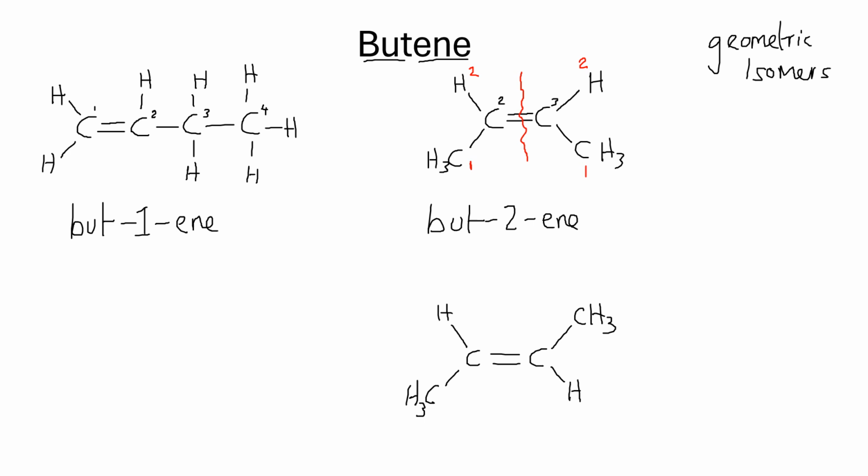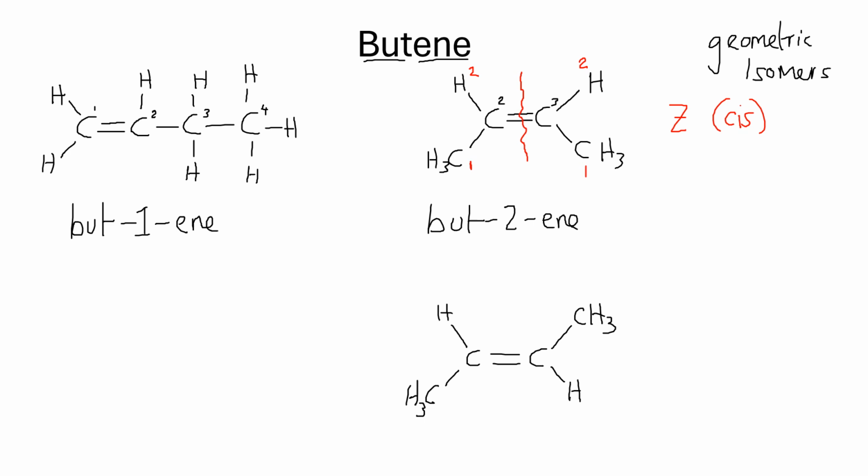And as the 2 high priority groups are on the same side, we call this the Z isomer, sometimes referred to as the cis isomer. And if you want an easy way to remember about this, you've got to say it with a German accent. You've got to go, they are on the same side. On the same side, the Z isomer.